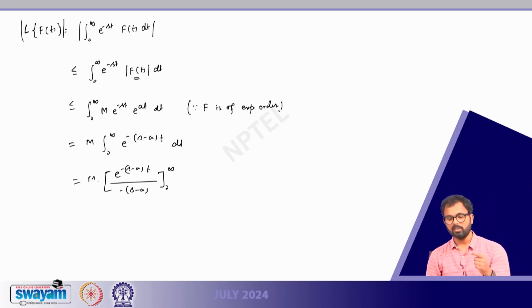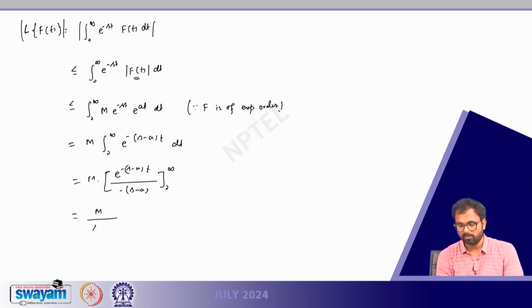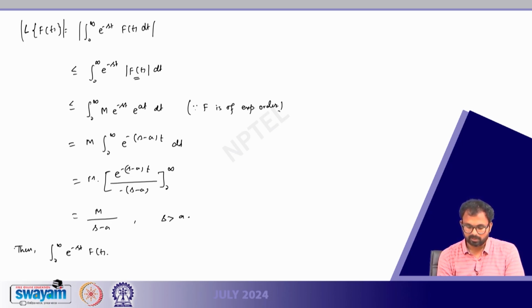Otherwise, if s is less than a, then e to the power positive will come, and when t tends to infinity, that will blow towards plus infinity. So that we do not want. So this will converge to capital M by s minus a only when s is greater than a, and thus integral from 0 to infinity e to the power minus st f(t) dt is less than or equal to capital M by s minus a when s is greater than a.